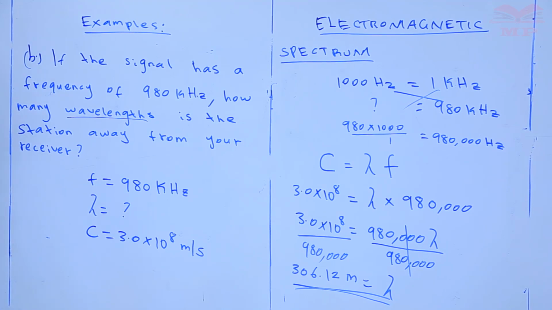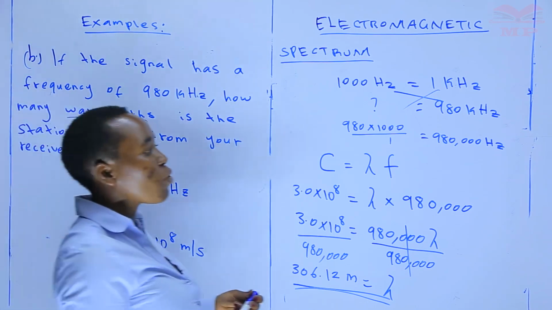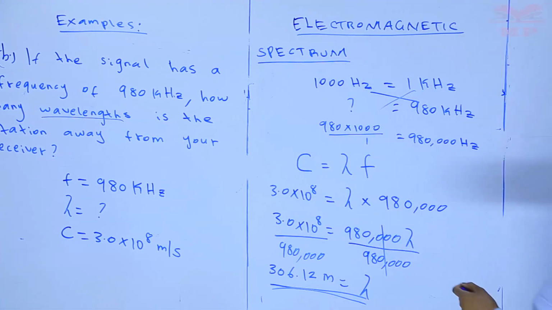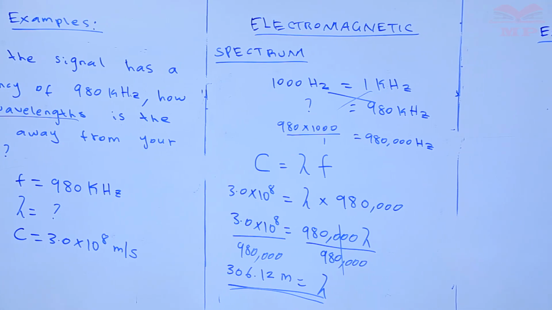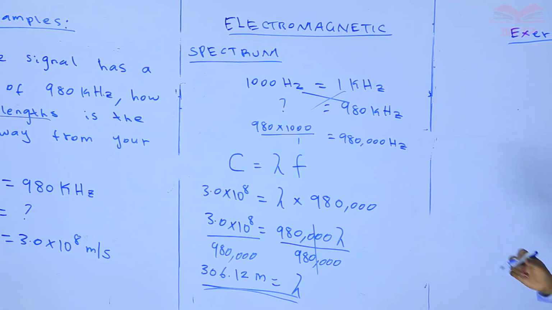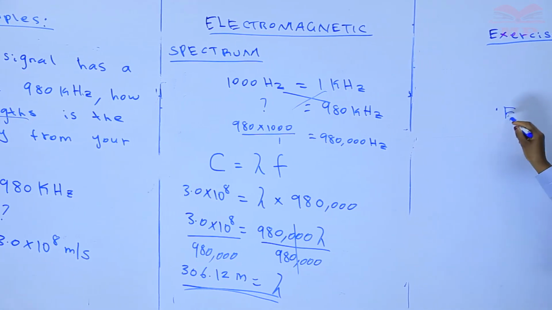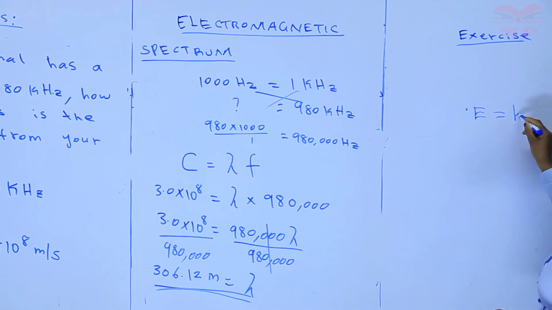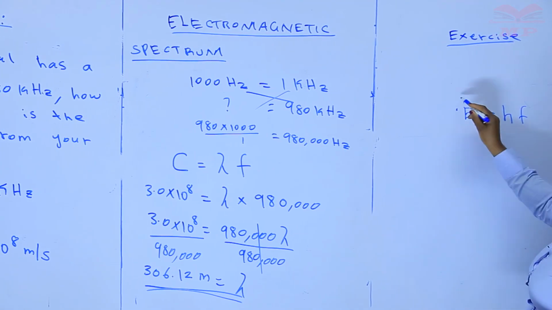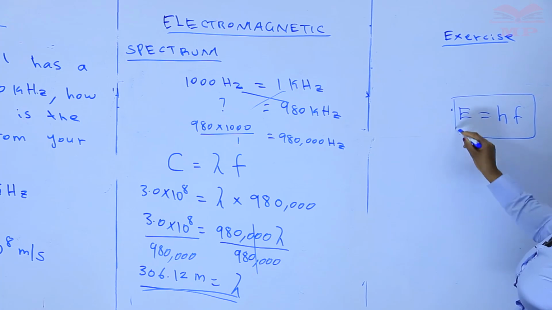And as we have seen, always remember the formulas. The two major formulas that we have been able to come up with. Number 1 is the one relating energy and frequency. We have seen that energy is equal to Planck's constant multiplied by frequency. So note that.